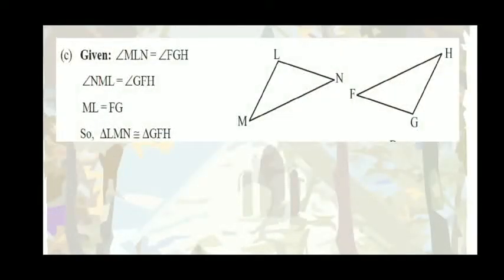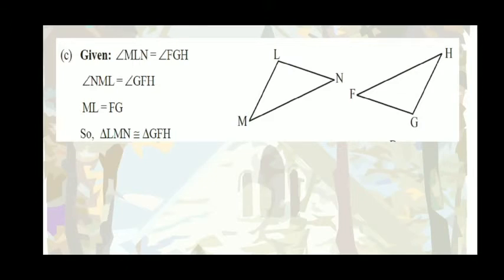Now next, given angle MLN and angle FGH are equal, angle NML and angle GFH are equal, ML and FG are equal, so triangle LMN and triangle GFH are congruent. How are they congruent? Here we have two angles and a side. What we have to see is whether this side is a following side or an included side.